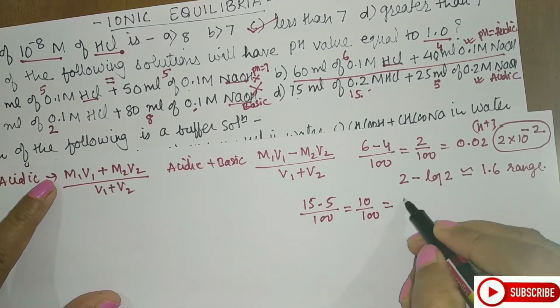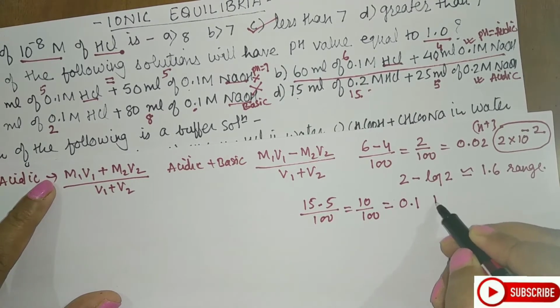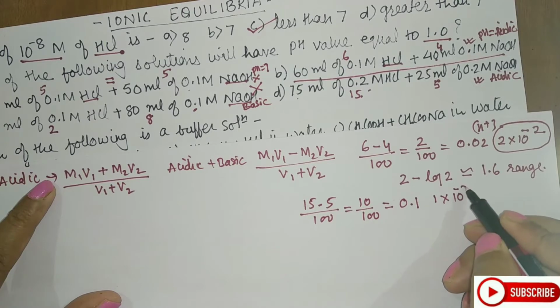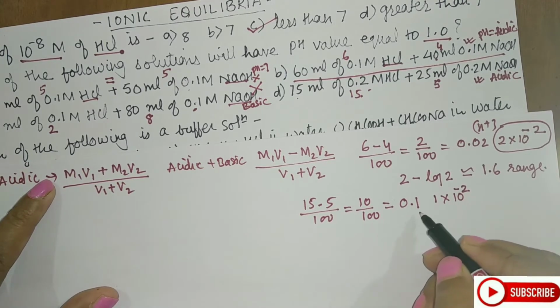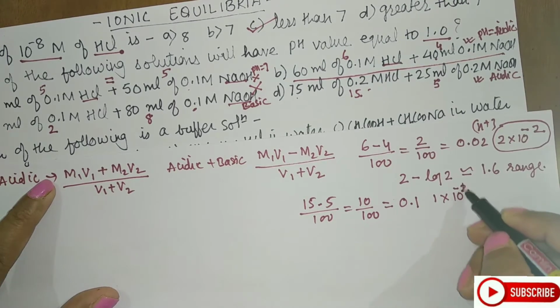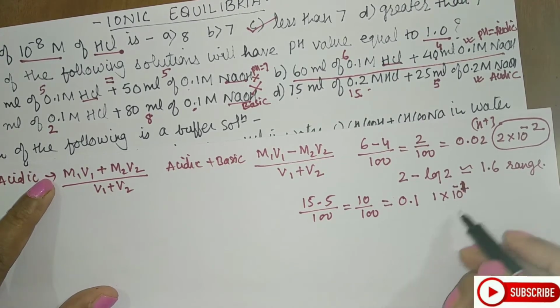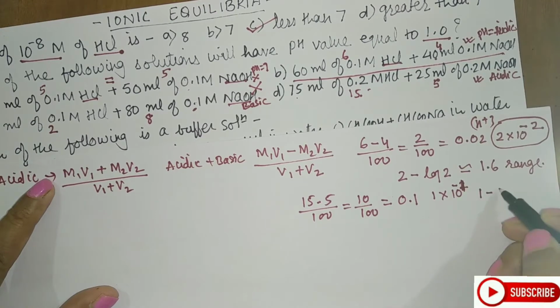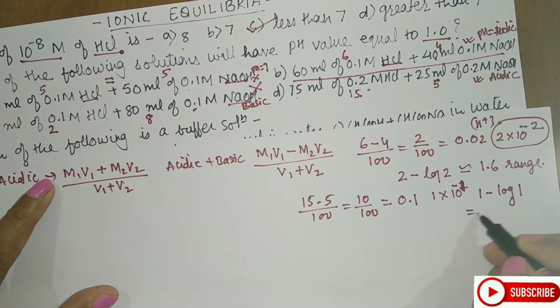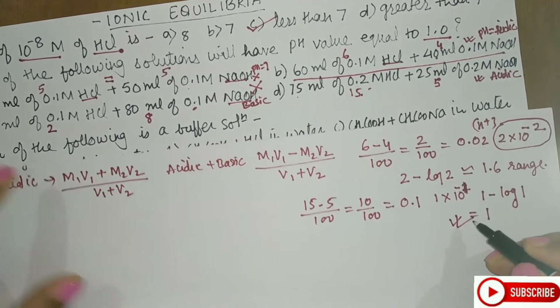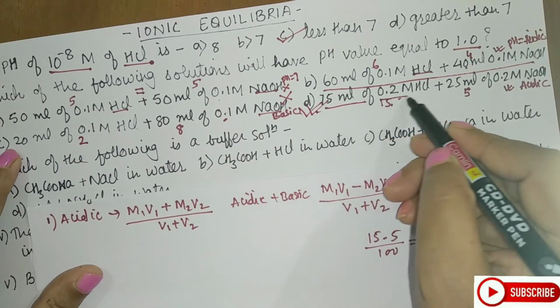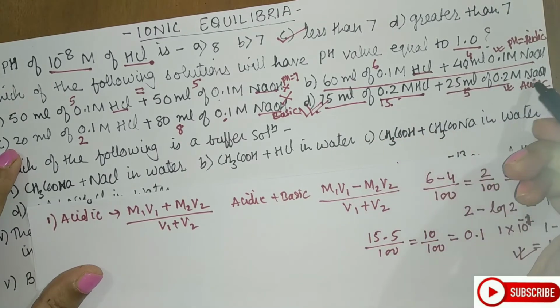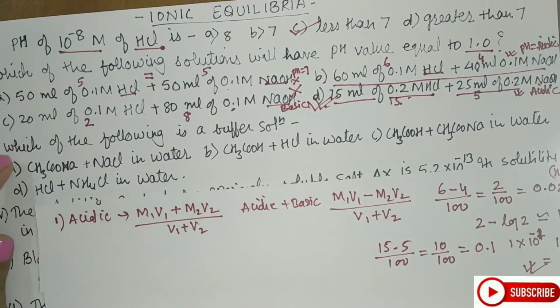Means this will come to 0.1 or 1 into 10 raised to minus 1. If I sort this out, this will be 1 minus log of 1. Log of 1 is 0. Therefore, here the pH is 1. So this is the option. So your answer is D option, that is 75 ml of 0.2 molar HCl and 25 ml of 0.2 molar NaOH. Come to the next one.